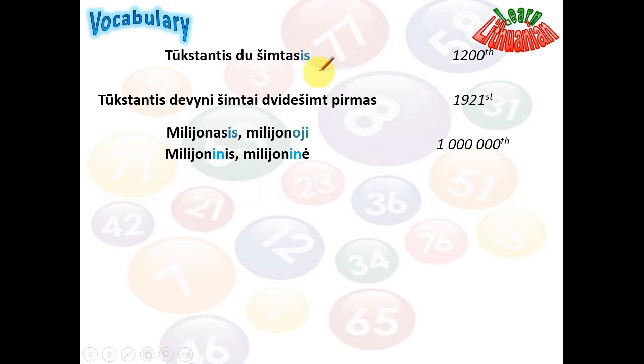So, tūkstantis dušimtasis. If you have 200, 300, you say the number plus šimtasis, tūkstantis dušimtasis. Although I doubt you will ever use these ordinal numbers, since people usually don't count this far.